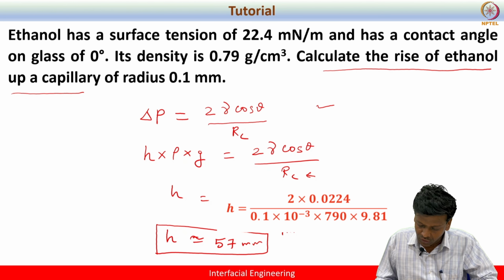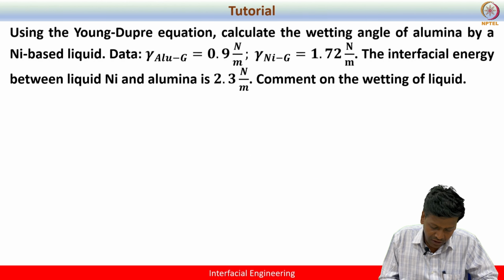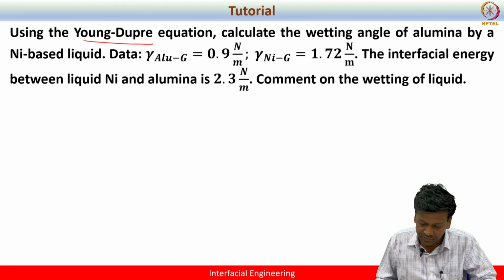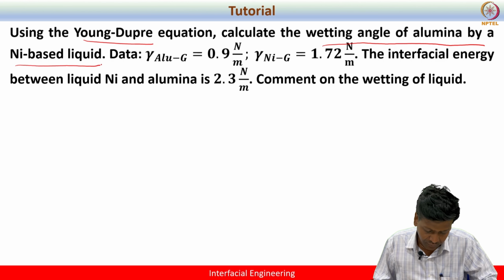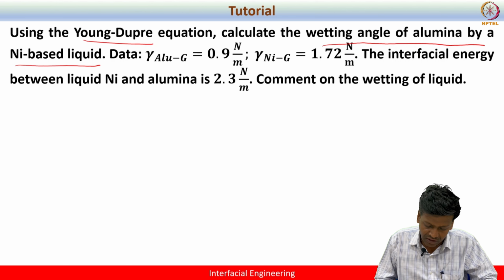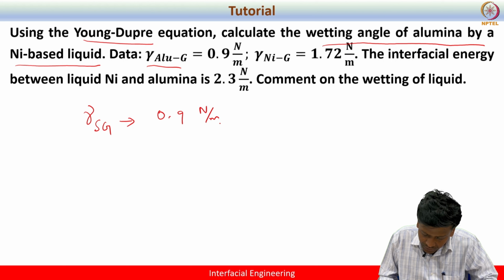The next exercise is going to be using the Young-Dupré equation, or Young's equation. Can we calculate the wetting angle of alumina by a nickel-based liquid? Some of the data is already given. We know gamma Sg, which is 0.9 Newton per meter.